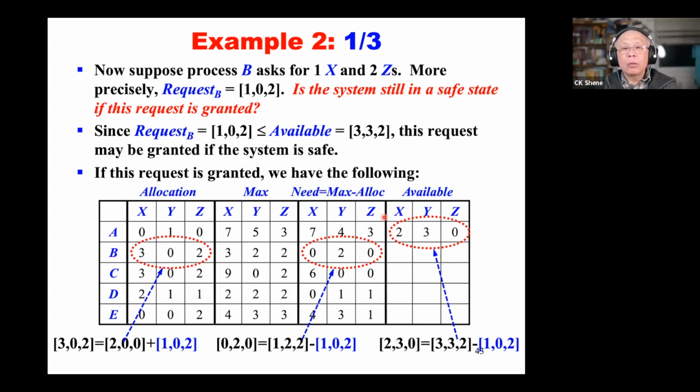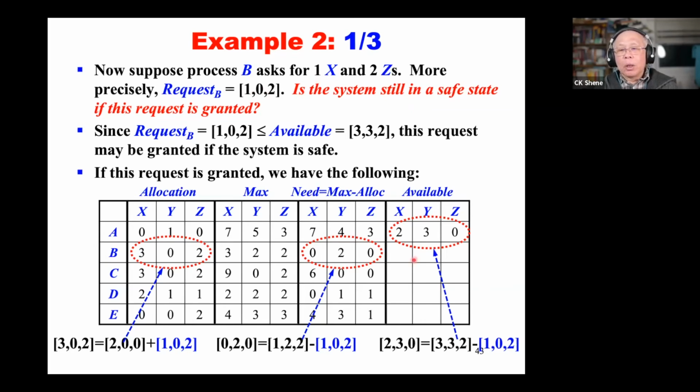Suppose now process B asks for 1x and 2z. More precisely, when process B wants to make a request, it builds an argument, which is 1, 0, 2. Is the system still in a safe state if this request is granted? Okay, B needs 1, 0, 2.